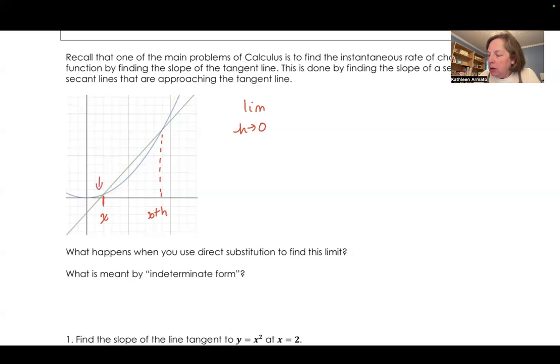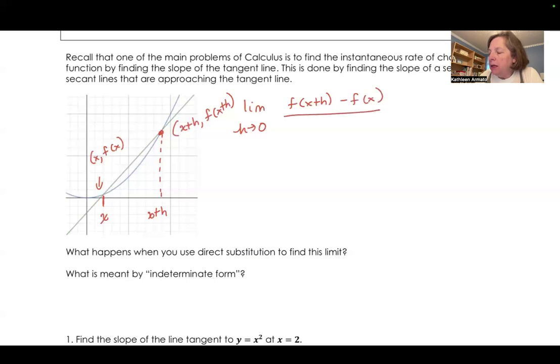Notice that the coordinates of this point would be x, and then the y value we get by doing f of x. The coordinates of this point would be x plus h, and then we would get the y value by plugging x plus h into the function. So just basic old slope, difference in y's.